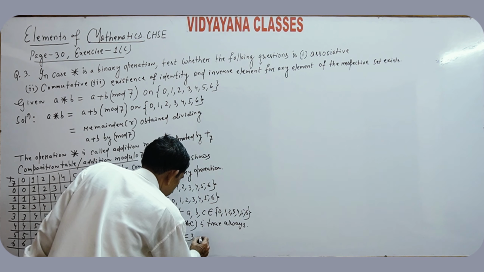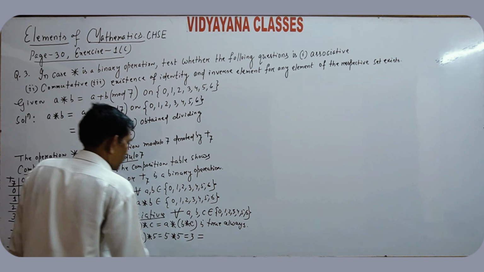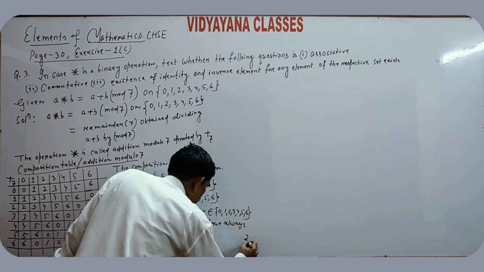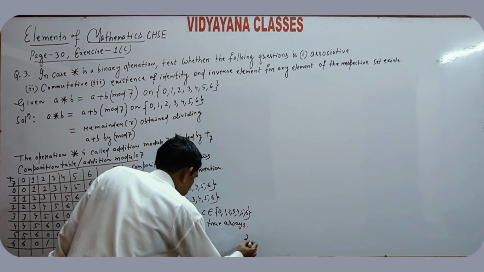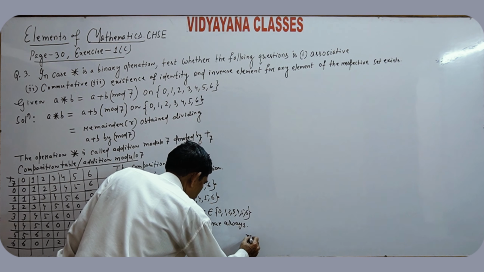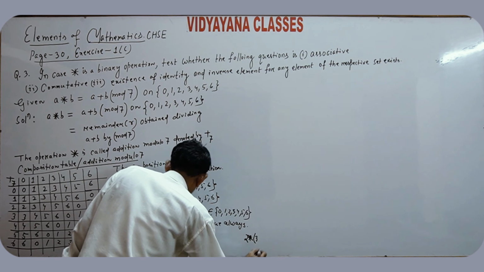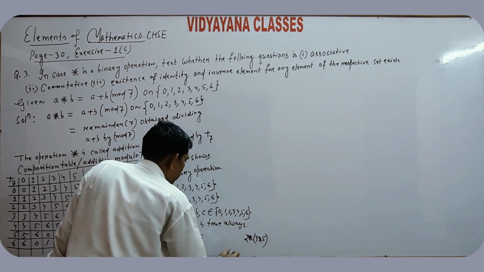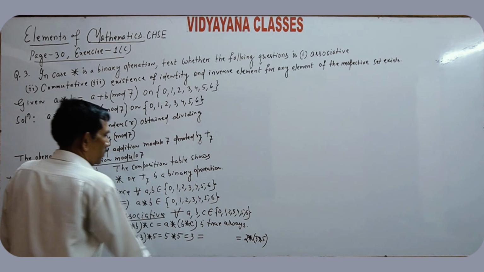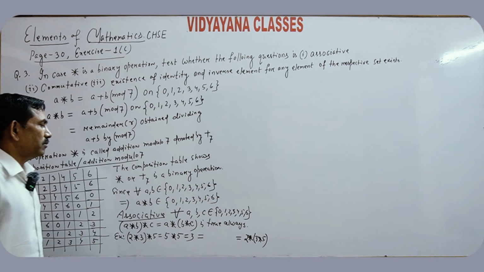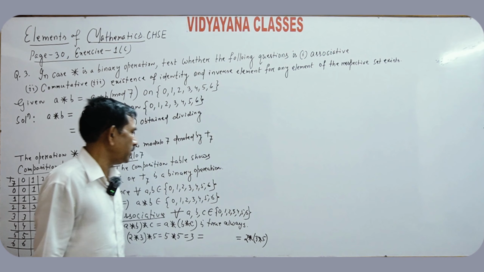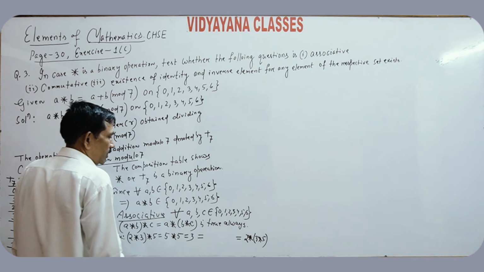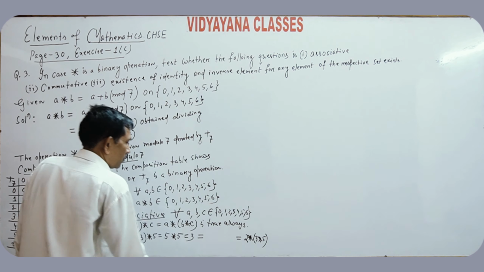Which is the same as 2 star (3 star 5). Since 3 plus 5 is equal to 8, 7 divides 8 gives the remainder 1.